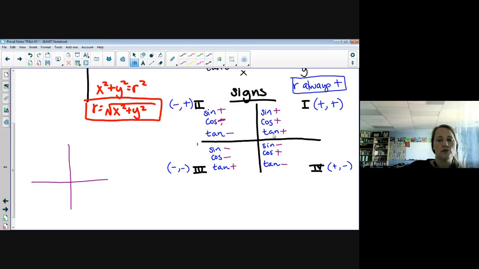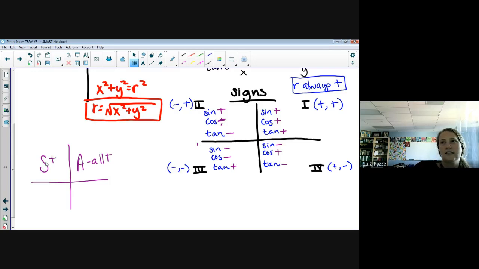Okay, so in the first quadrant, everything is positive. So I put an A and that stands for all positive. What's positive in quadrant 2? Just the sine. So I just put an S. That's the only thing positive in quadrant 2.